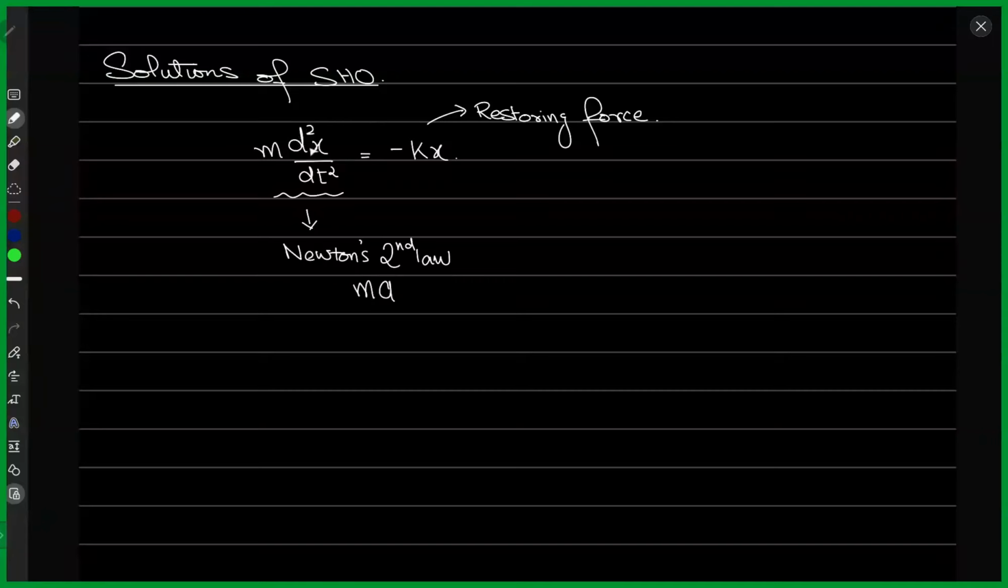This second derivative of x with respect to time is the acceleration. This type of equation is called an ordinary linear differential equation, and you can work out the solutions to these types of equations.